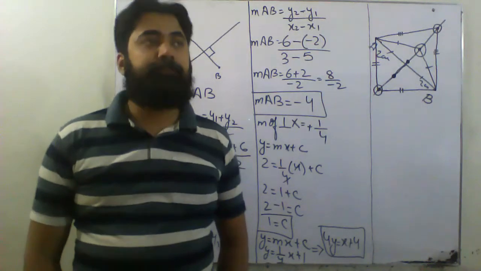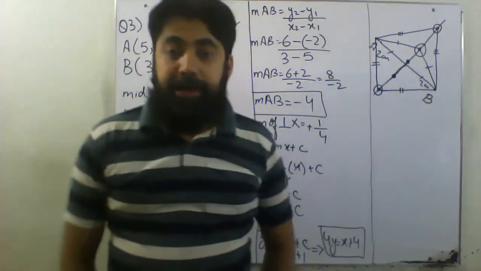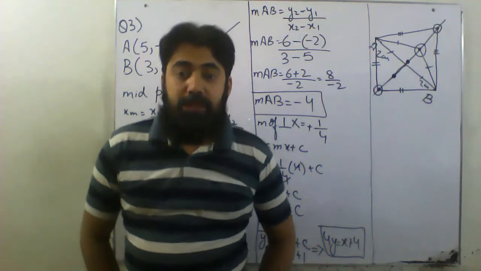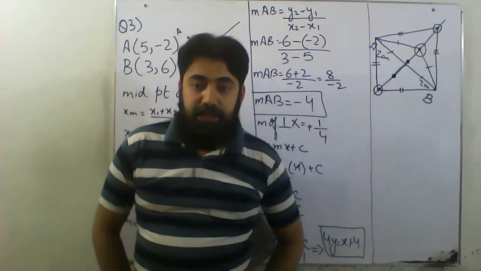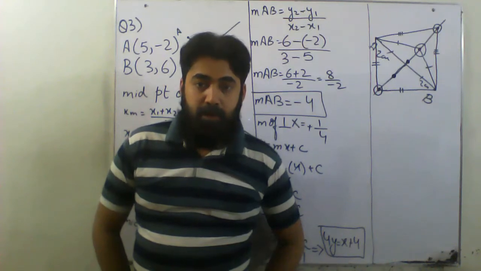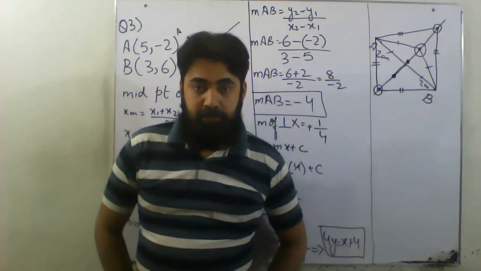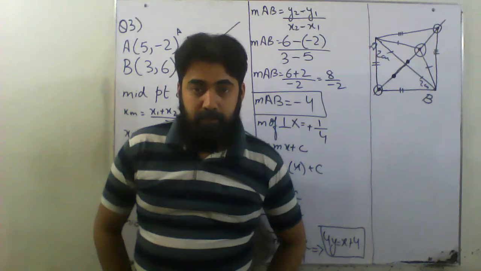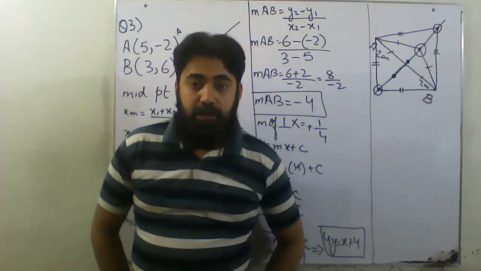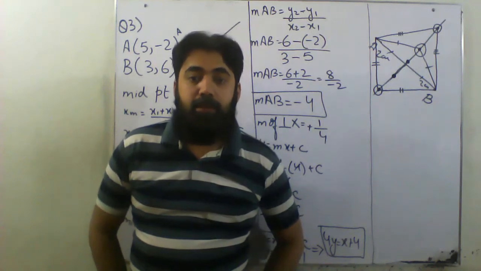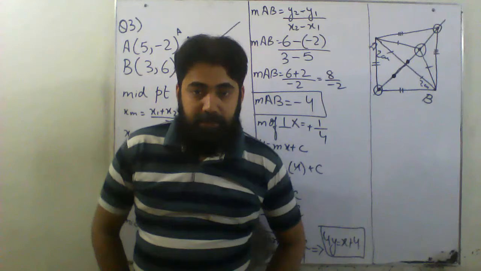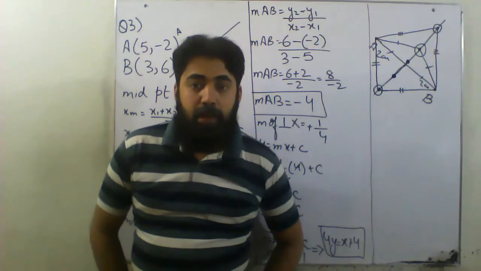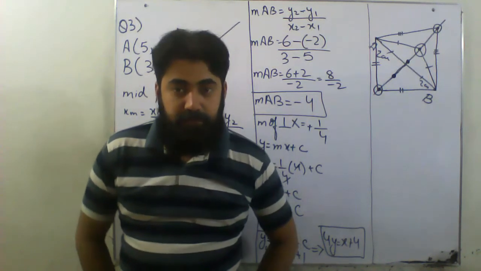So now the statement. What is the statement? If a point is equidistant, or at equal distance, from 2 points, then that point will lie on the perpendicular bisector of the other 2 points.